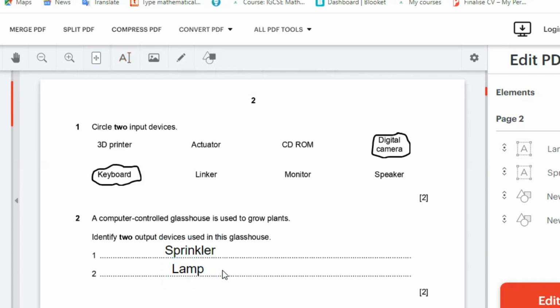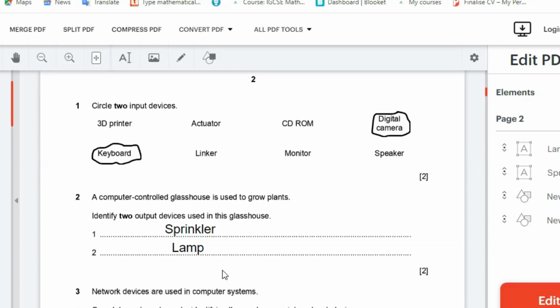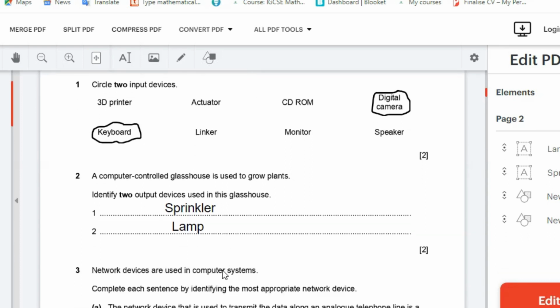Other output devices that can be used include a heater, H-E-A-T-E-R, heater. It's also an output device. Then we have vents, window openers, or motor. All those are output devices. Do we understand?